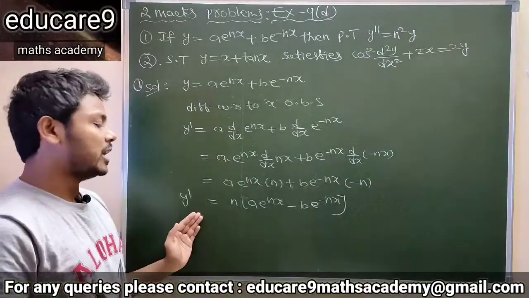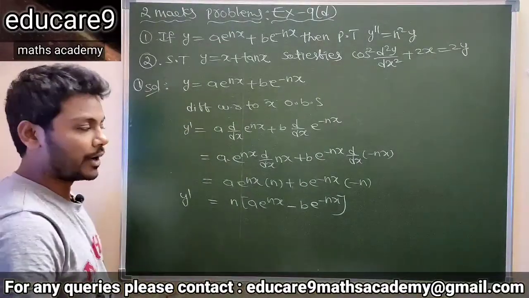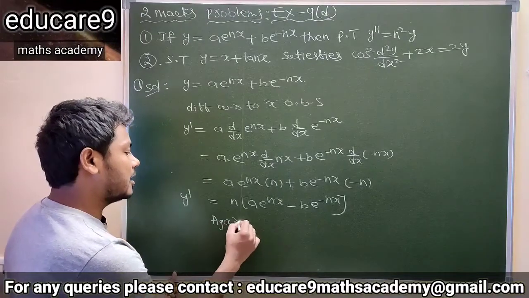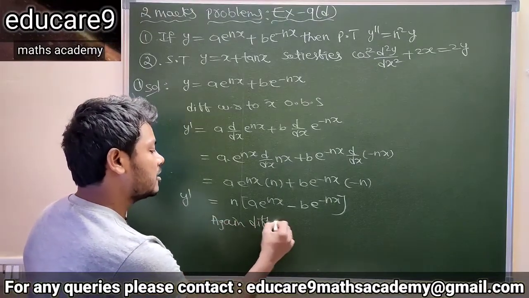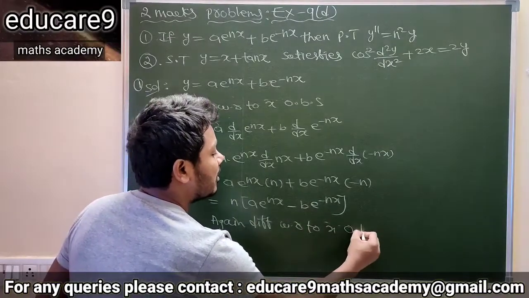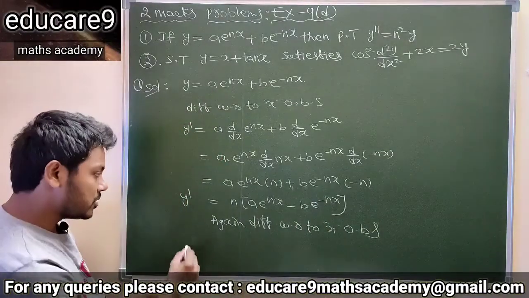So again we have to take the derivative of this y dash. So again differentiate with respect to x on both sides. So what you get?